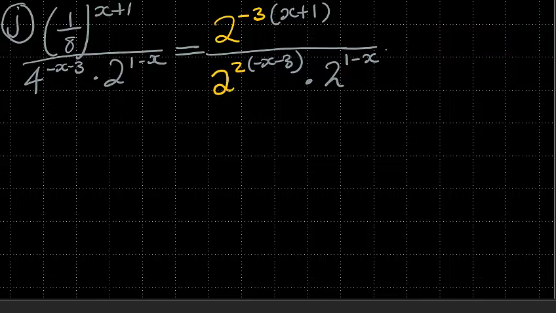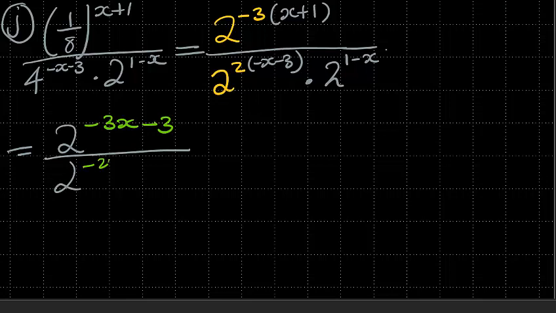Next up, I'm going to multiply my exponents so that there are no brackets. So my next line is going to be 2 with the power of minus 3x minus 3 over 2 with the exponent minus 2x minus 6 multiplied by 2 to the 1 minus x.